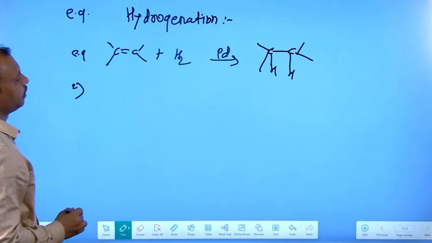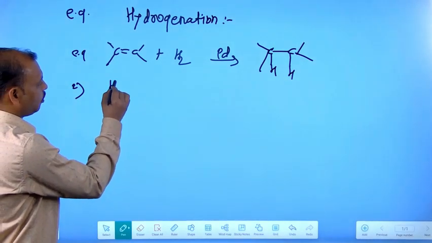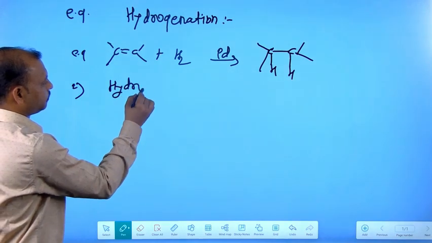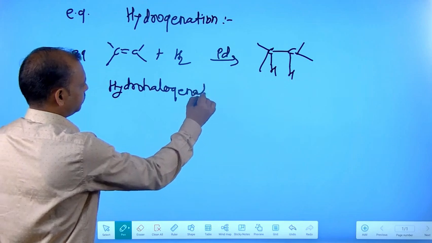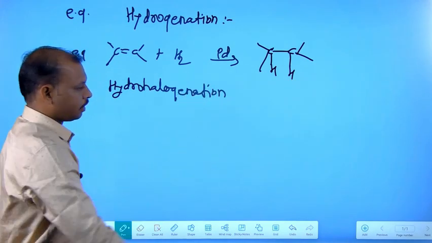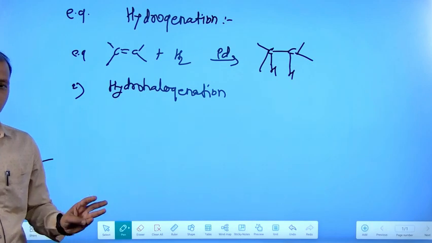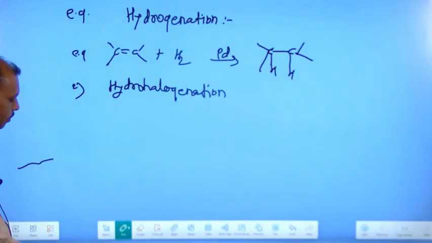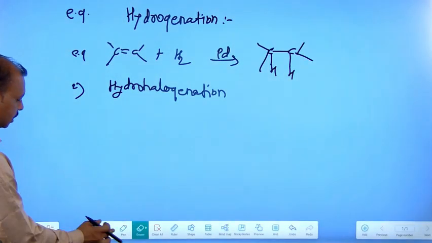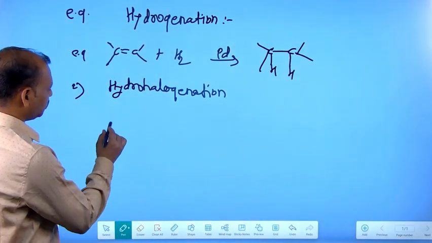Another example of the addition reaction is hydrohalogenation. In hydrohalogenation reaction, one hydrogen and one halogen are added across the carbon-carbon double bond. Therefore, such reactions are called hydrohalogenation reactions.